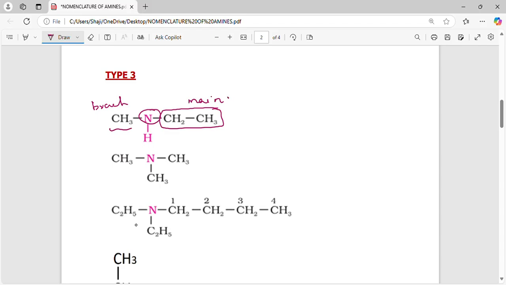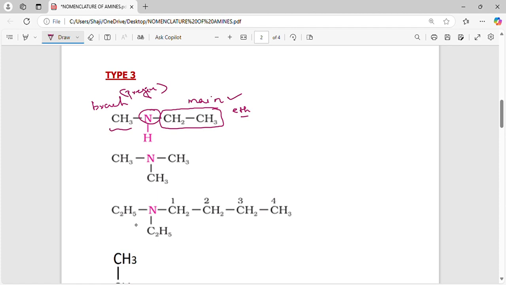From the main chain we select the root word. Because of two carbons, the root word is eth. And the branch, CH3, has the name methyl, which is always used as a prefix. So the prefix name of CH3 is methyl.